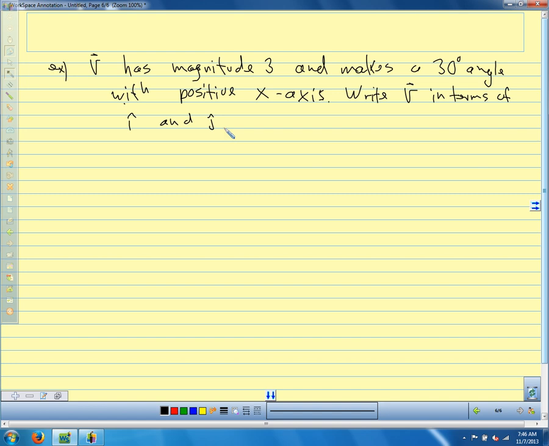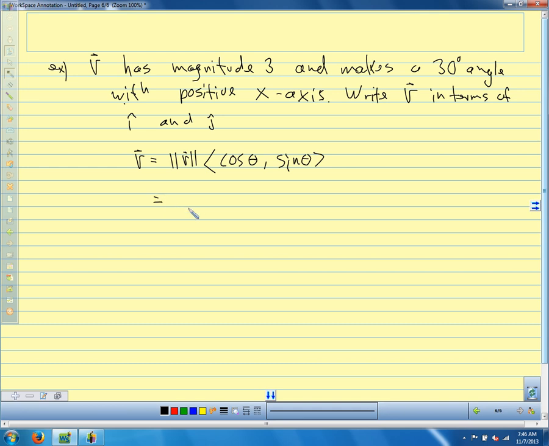So we're going to say that v is its magnitude times cosine theta, sine theta. So all we need to do is find the sine and the cosine basically of 30 degrees.